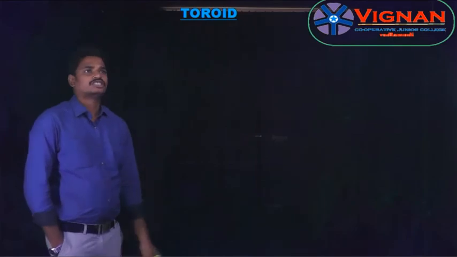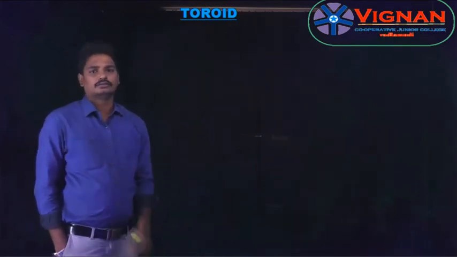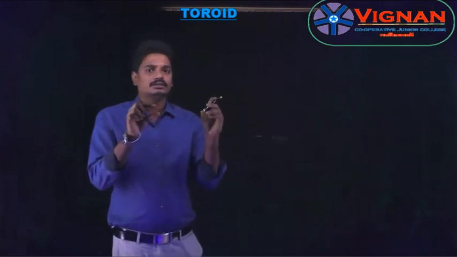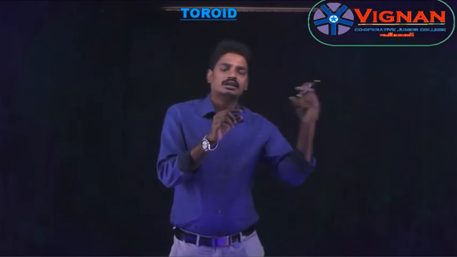Let us go to our next topic, that is the toroid. Solenoid and toroid are the two devices which are used to generate a magnetic field. A toroid is nothing but a solenoid which is bent into a circular shape. A solenoid is a device in which a wire is wound along a cylindrical shape.